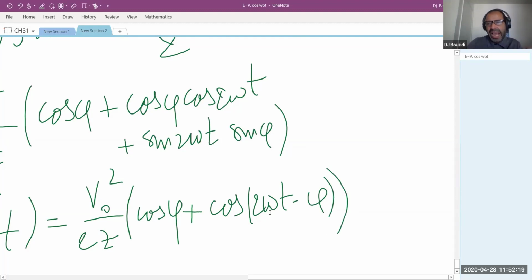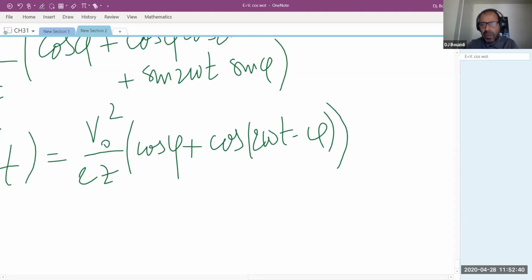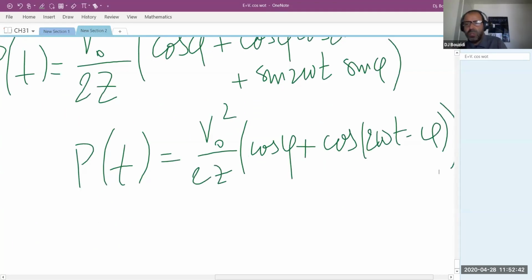So when we average this quantity, the cosine of 2 omega t minus phi is oscillating. It's going up and down, up and down, up and down. So sometimes it's positive, sometimes negative. So its average is going to be 0. That's basically what we will find. But the average of cosine phi is not 0. Because the entire signal changes at the rate of omega, and the frequency is 60 hertz, every second there are 60 cycles up and down.